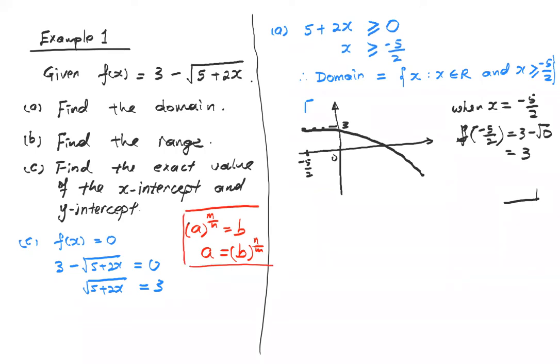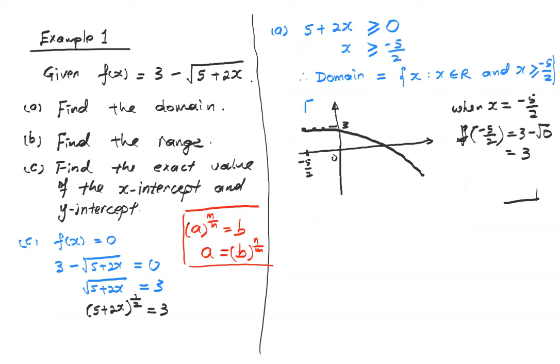So square root means power what? You better remember, power half. Afterward, next week when I go into chapter 2, the moment you see square root, you have to write power half. Cube root, power 1/3.